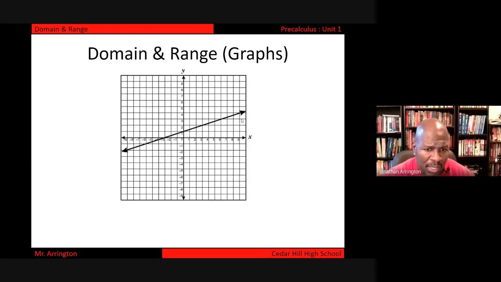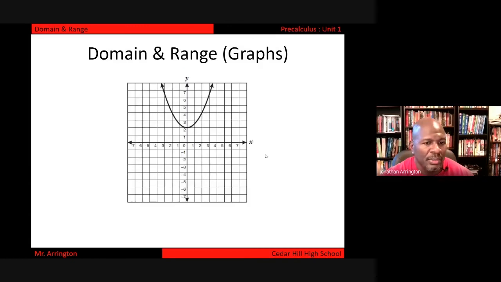Let's look at our next graph. So again, this is a line, and it's going to keep going down. So it's going all the way down to -infinity, and it's also going to keep going all the way up. So it's going all the way up to infinity. So the range, of course, is -infinity to infinity. Let's look at the next graph. Now this range is not -infinity to infinity.